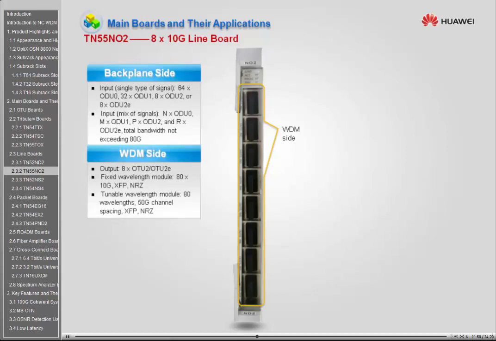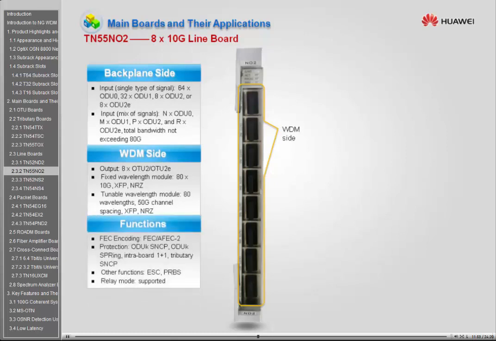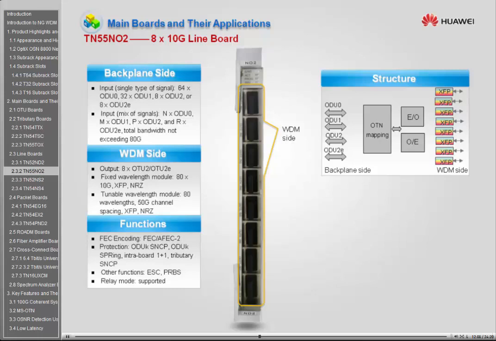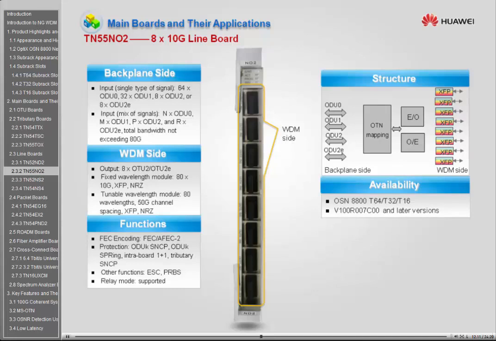This board supports backplane cross connections of multiple ODUK signals and produces 8 OTU2 or OTU2E signals on the WDM side. It can be equipped with either fixed or tunable wavelength XFP modules.